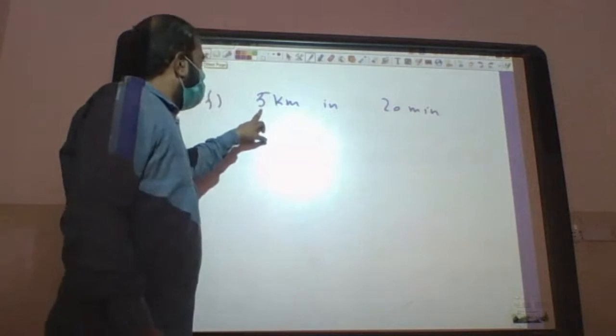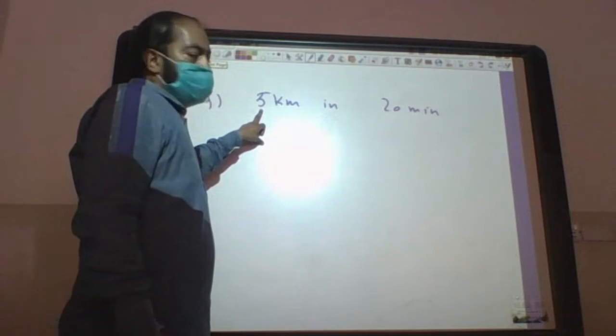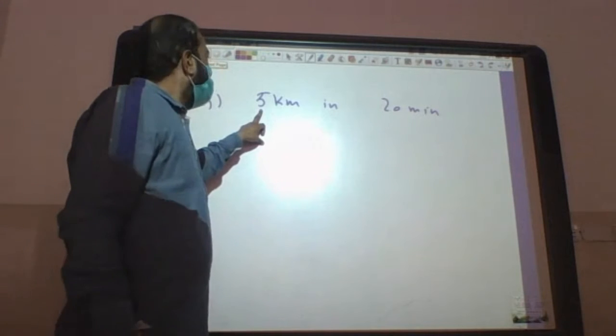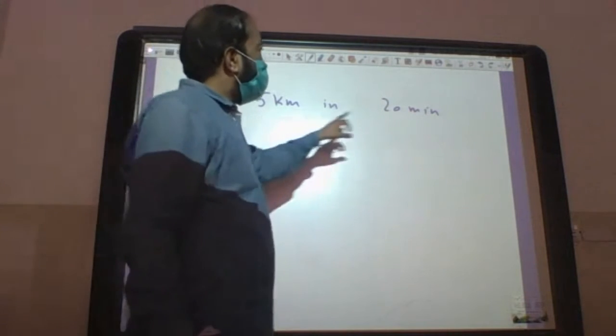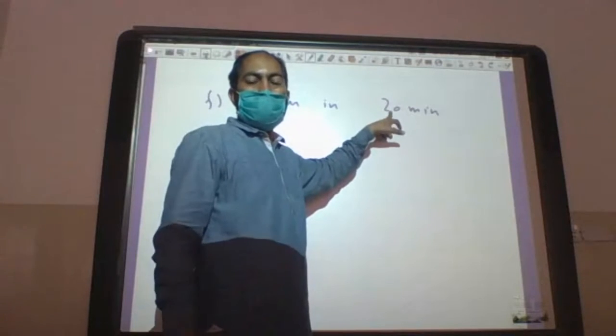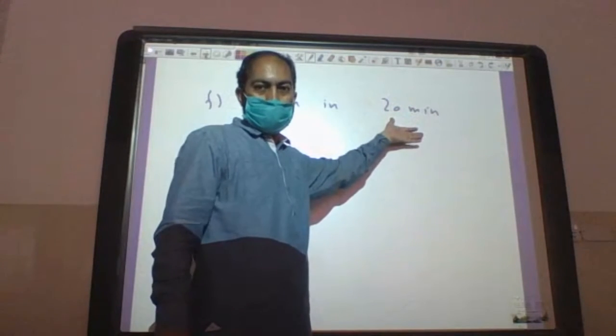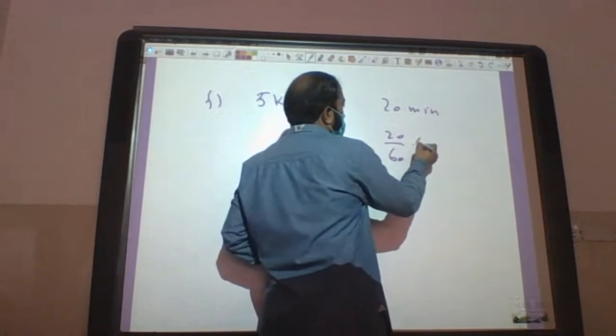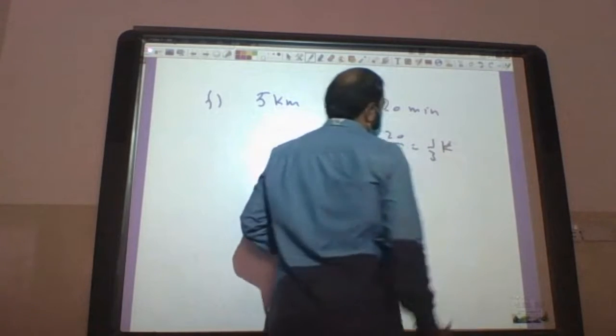Okay, 5 kilometers in 20 minutes. There are two ways. Either you directly divide and take per minute, or you first convert the 20 minutes into hours, 20 by 60, which is 1 by 3 kilometer.